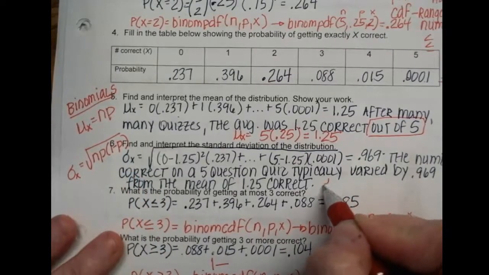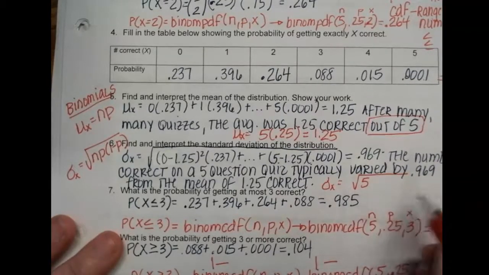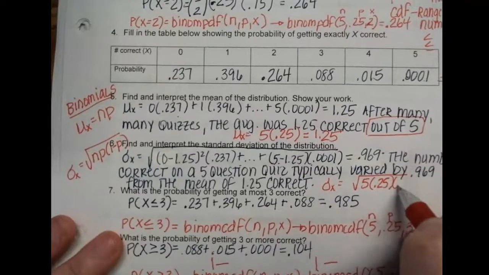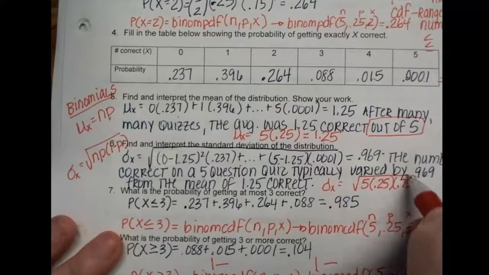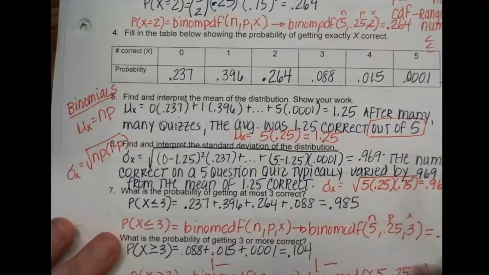So in this situation, we had 5 trials because there are 5 questions. The probability of success was 0.25 and the probability of failure was 0.75. And you'll still get the same answer of 0.969.